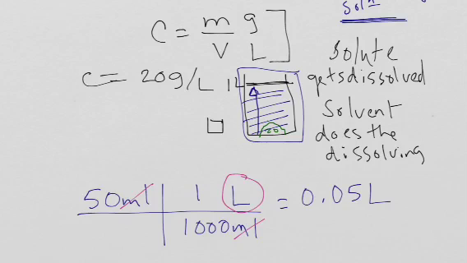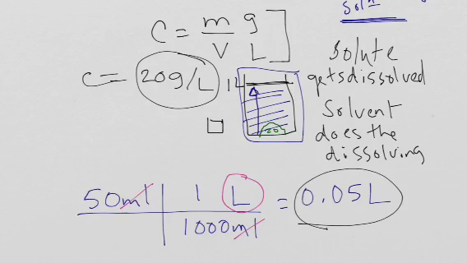If I know my volume and I know the concentration I want, then I need to figure out what my mass is going to be. I just have to rearrange this 3-variable equation. If I'm told that I've got a concentration of 20 grams per liter, I've just figured out that my volume is 0.05 liters. I don't know what my mass is.